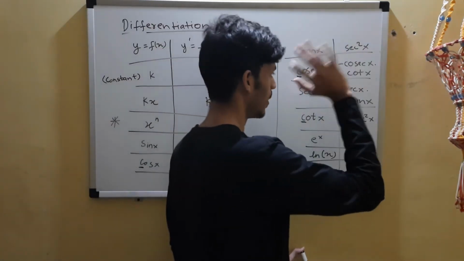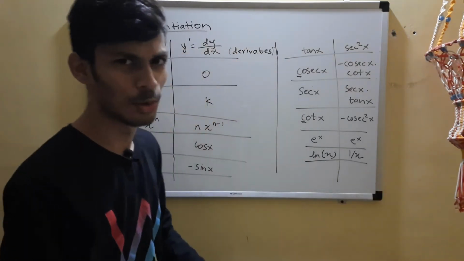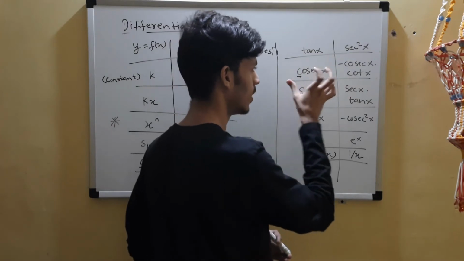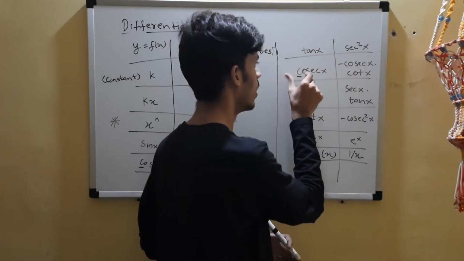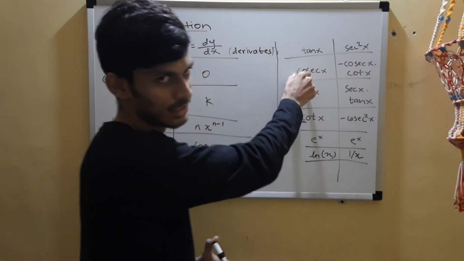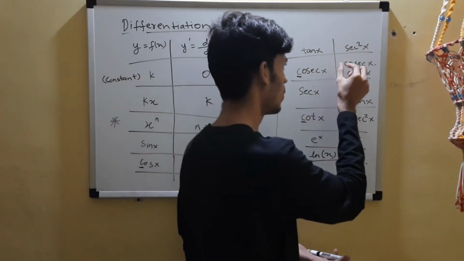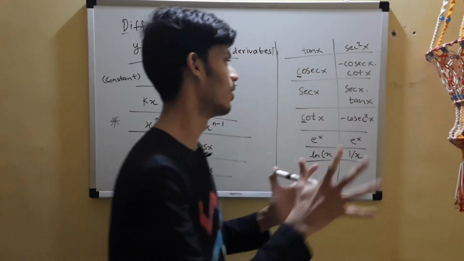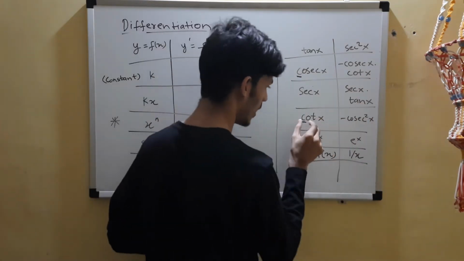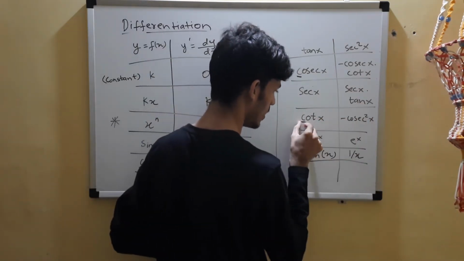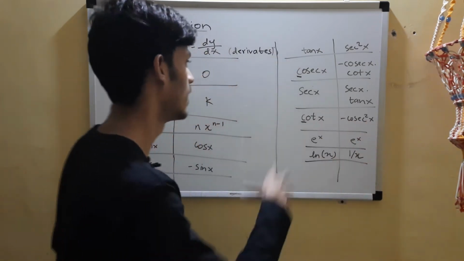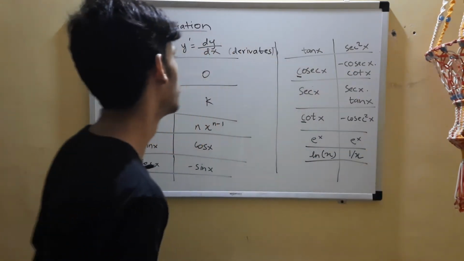Again tan x, you remember sec square x. You just note it down and then try to learn one each day. And now cosec x, again it has a C, allergy comes out, so minus cosec x cot x. This you have to remember. Only tip I can give you is C is allergic, so cot x will have a minus sign, and sec x is sec x tan x.